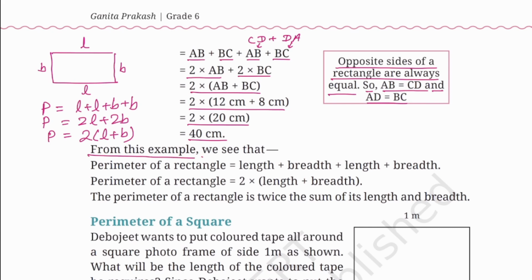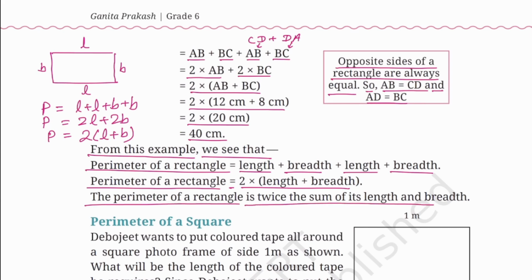From this example, we see that the perimeter of a rectangle is equal to length plus width plus length plus width. Perimeter of a rectangle is equal to 2 into (length plus width). Perimeter of a rectangle is twice the sum of its length and width.